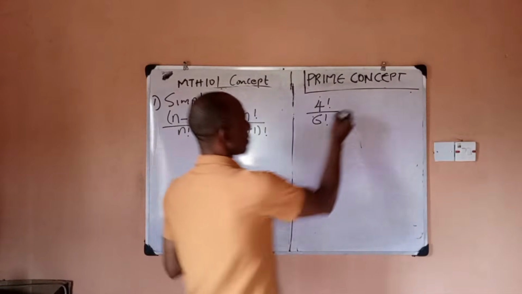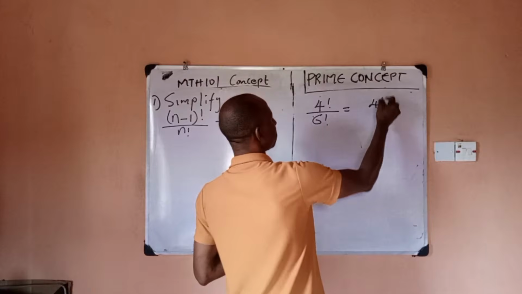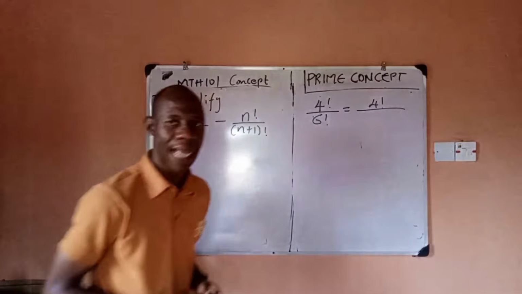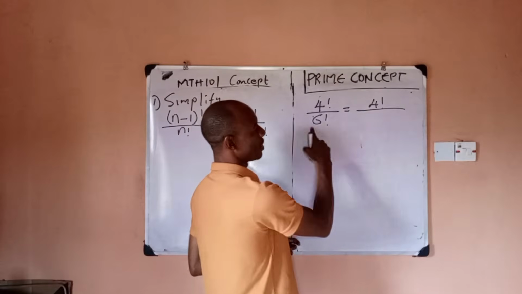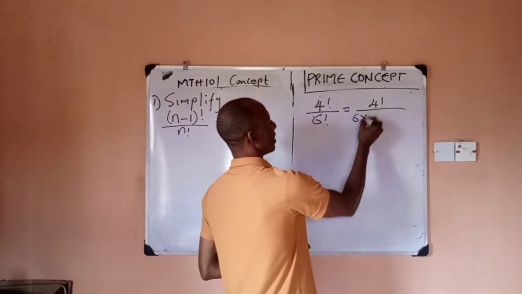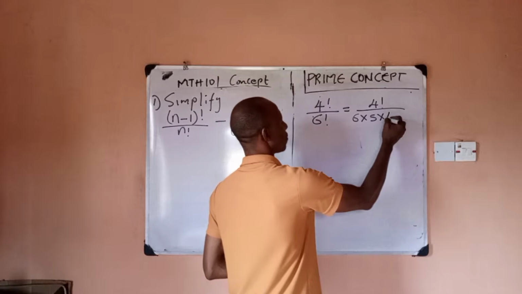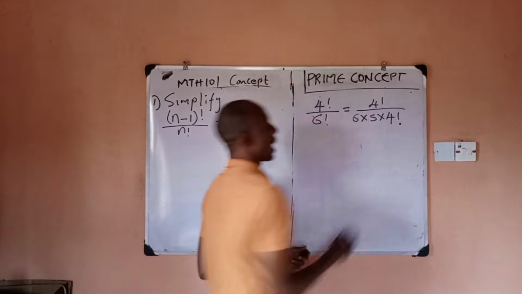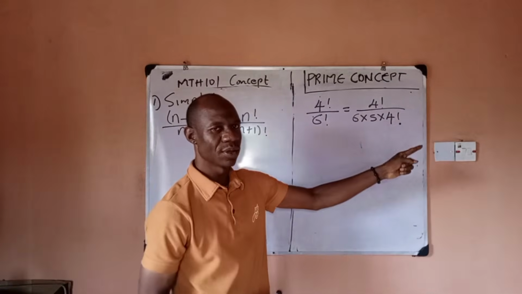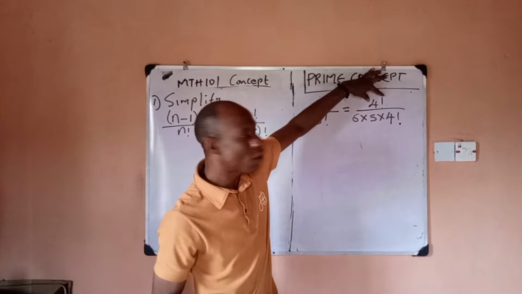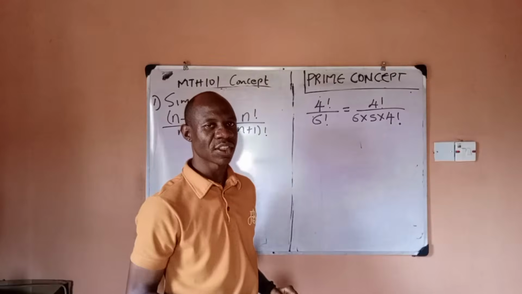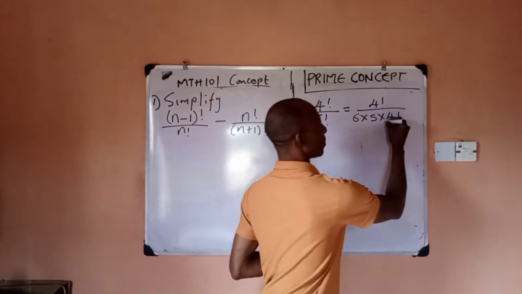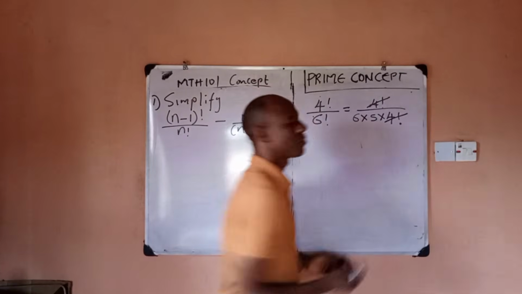So this is going to be 4 factorial the way it is. So what is 6 factorial? I will be reducing it. So it's going to be 6 times 5 times 4 factorial. I will not continue. Why would I stop here? Because I saw 4 factorial up. If I stop there, I can now say 4 factorial can cancel 4 factorial.